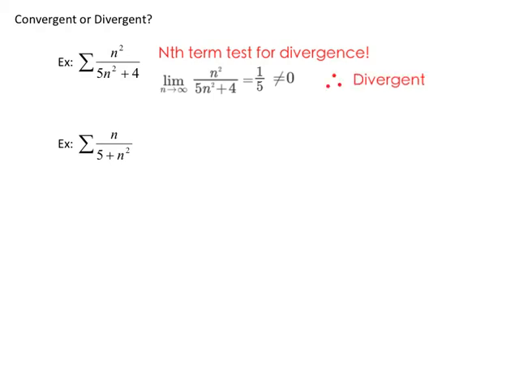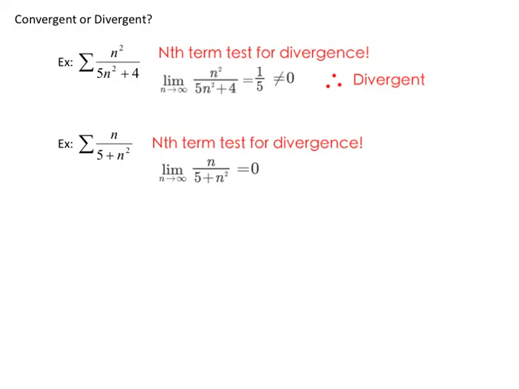Let's look at the second one. Again, it's not geometric, so we're going to nth term test it. Pause, come back. When I take the limit as n approaches infinity of that general term, n over 5 plus n squared, I do get 0 this time. You can either use L'Hopital's rule or end behavior model, but you get 0 for your limit.